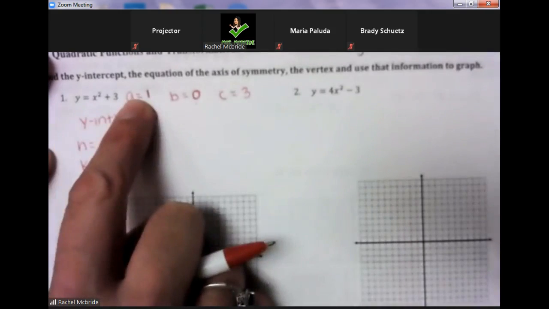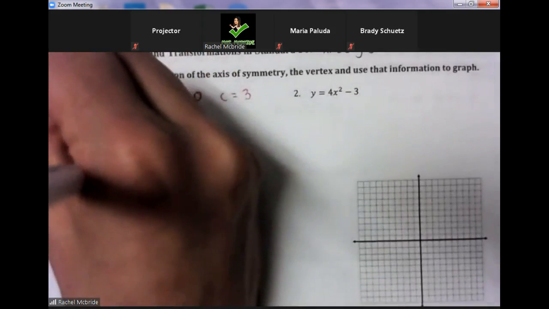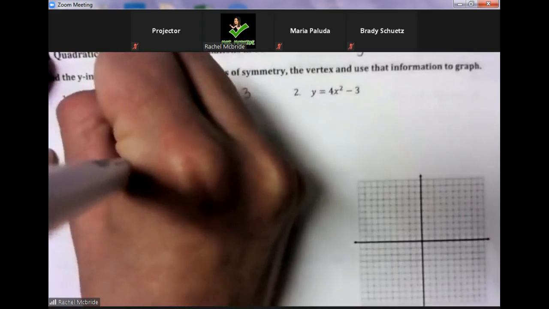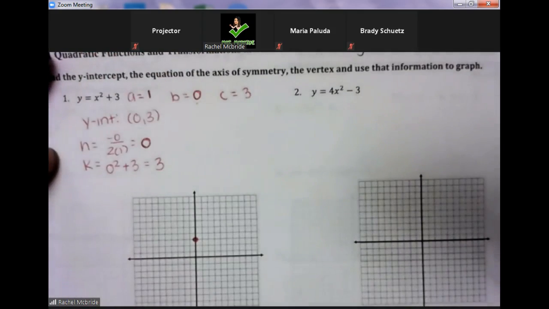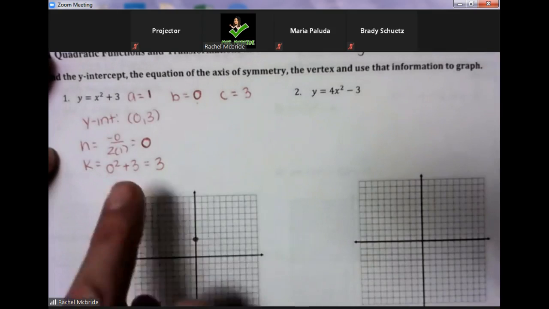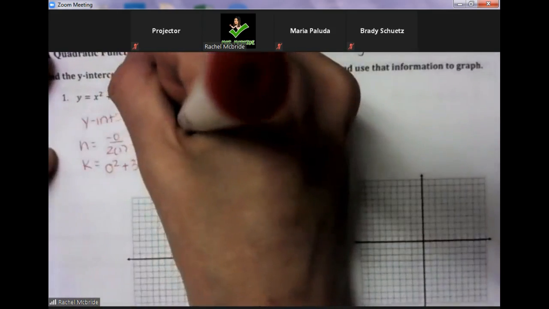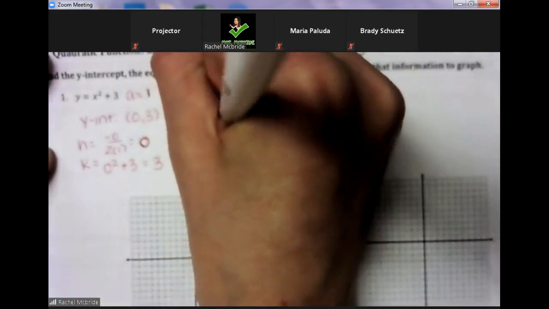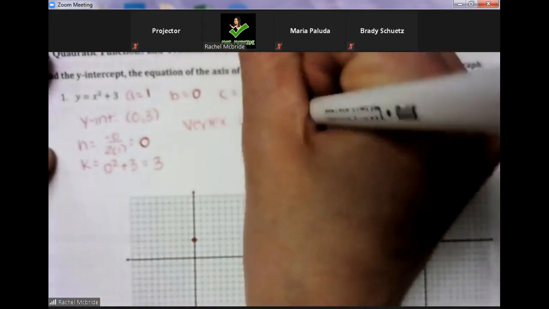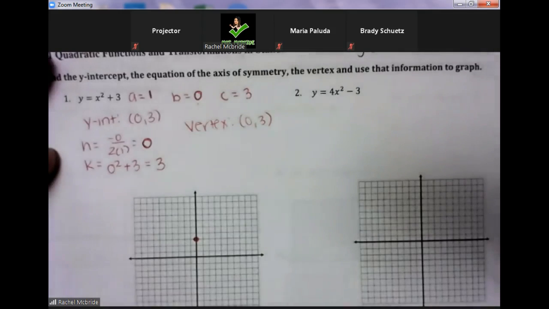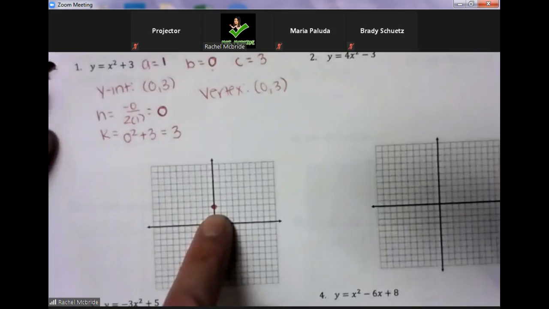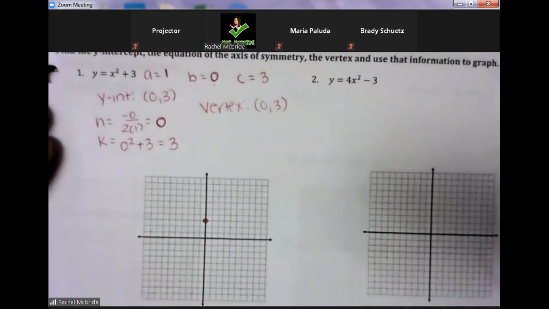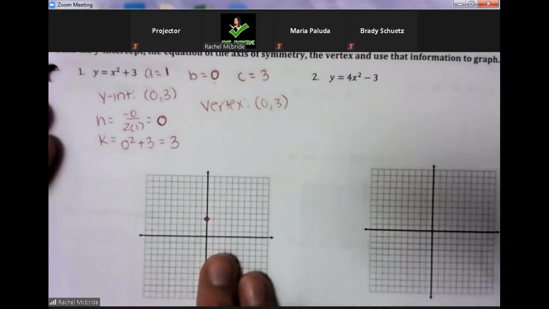Plugging 0 back in is how you find K. So K would be equal to 0 squared plus 3, which is 3. And ironically, my vertex is (0, 3). So I told you that wasn't your vertex, it actually was. But that's not guaranteed, that just happened to be this example.